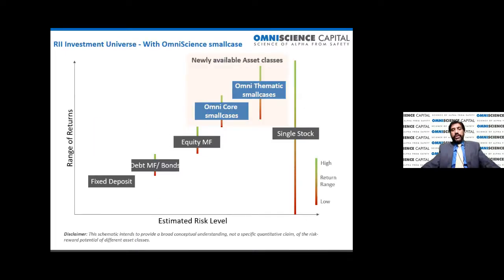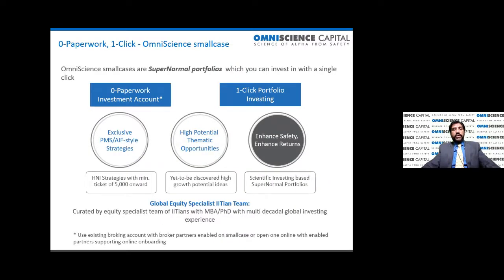The most important point here is that not only are you getting new asset classes, it is zero paperwork and what we call one-click investing. Okay, so these OmniScience small cases are supernormal portfolios. We will explain what is supernormal about these in the future slides.